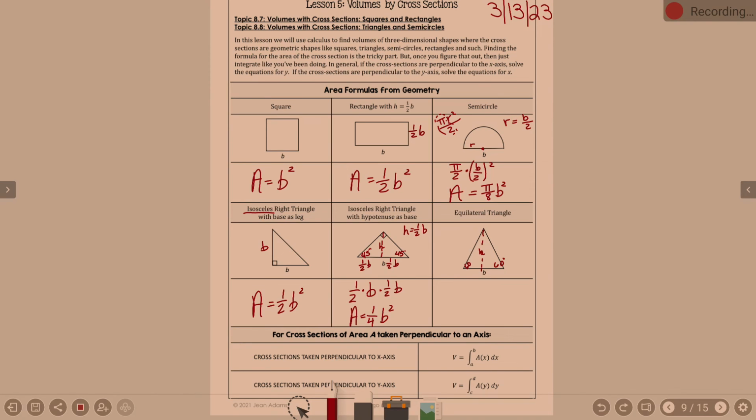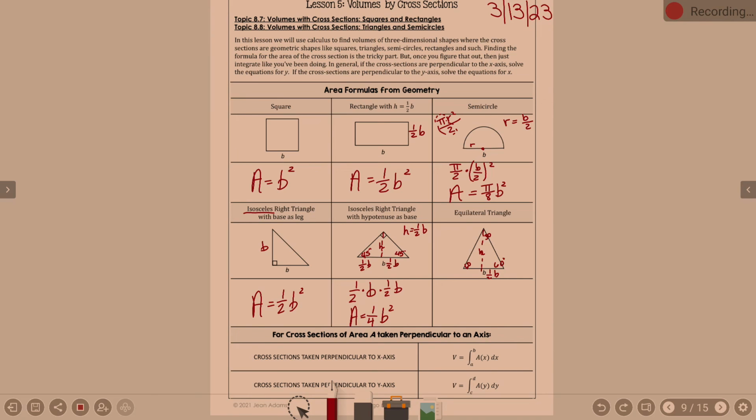Okay, 60, 60, 60, or breaking it into 30, 60, 90, yes? Do we remember our 30, 60, 90 rules? Oh, come on, dig deep here, right? So the idea that this short leg opposite the 30 is 1/2 b, right?